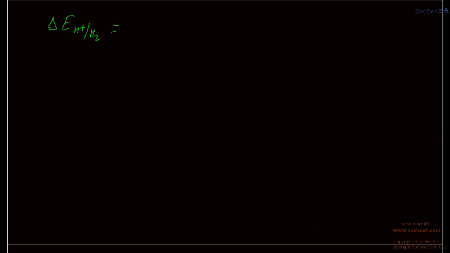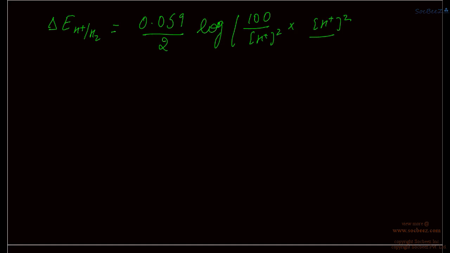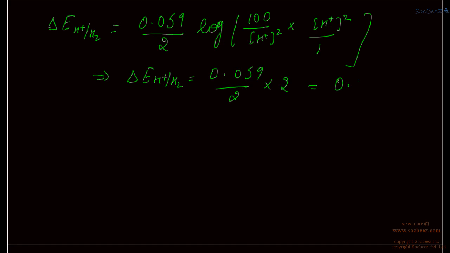So from here, delta E of H+/H2 is 0.059 upon 2 log of 100 upon H+ squared into H+ squared upon 1. We have just used the property of logarithms. So the value of delta E of H+/H2 is 0.059 upon 2 into 2, which comes out to be 0.059 volt.